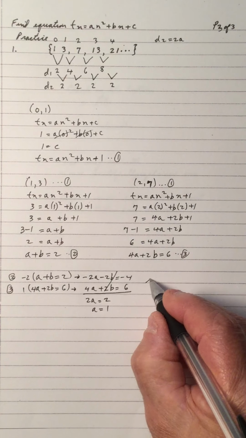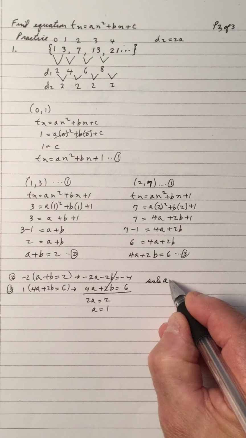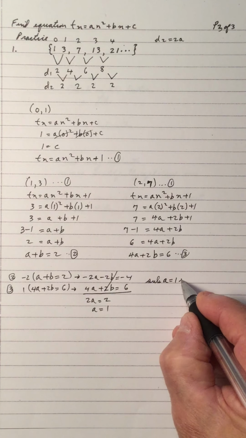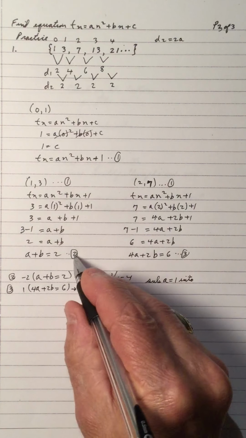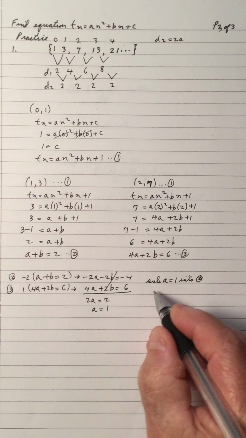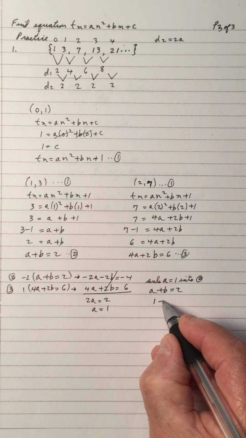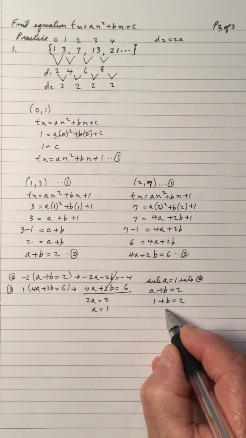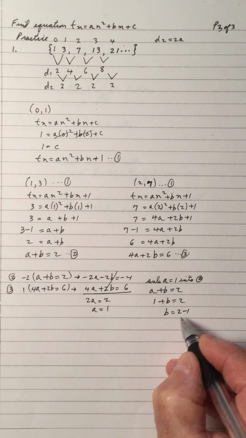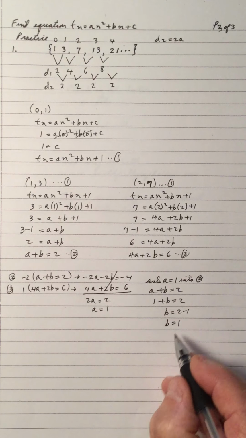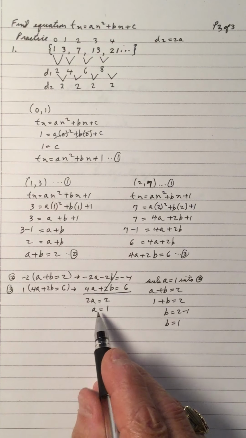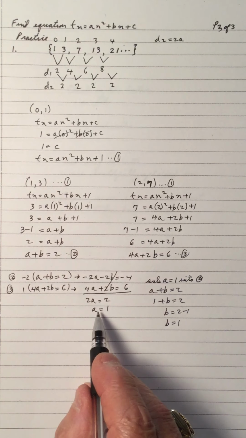So I'm going to sub a equals 1 into number 2. a plus b equals 2. So if I put 1 in for a, I can find b. So I have already got c is 1, a is 1.